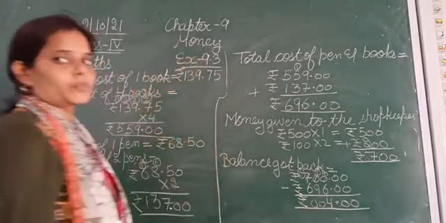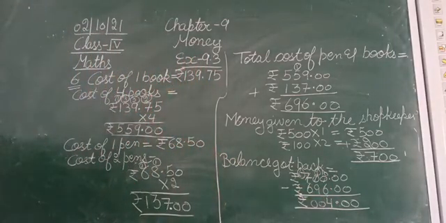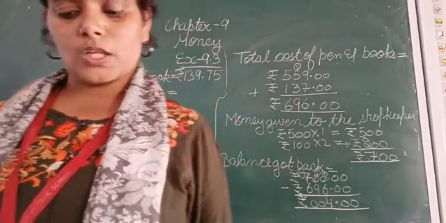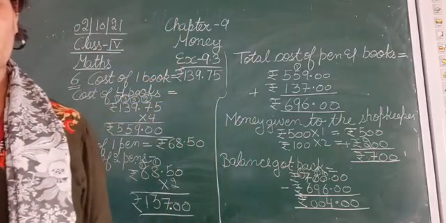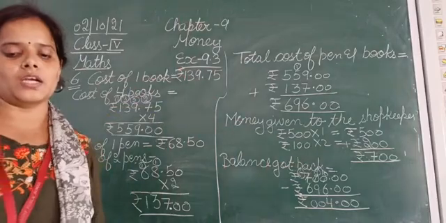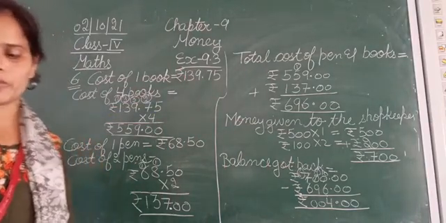So the balance she got back is 4 rupees. Now write down the solution sentence. The question was, what amount did the bookseller give her back? Therefore, the bookseller gave her back 4 rupees.